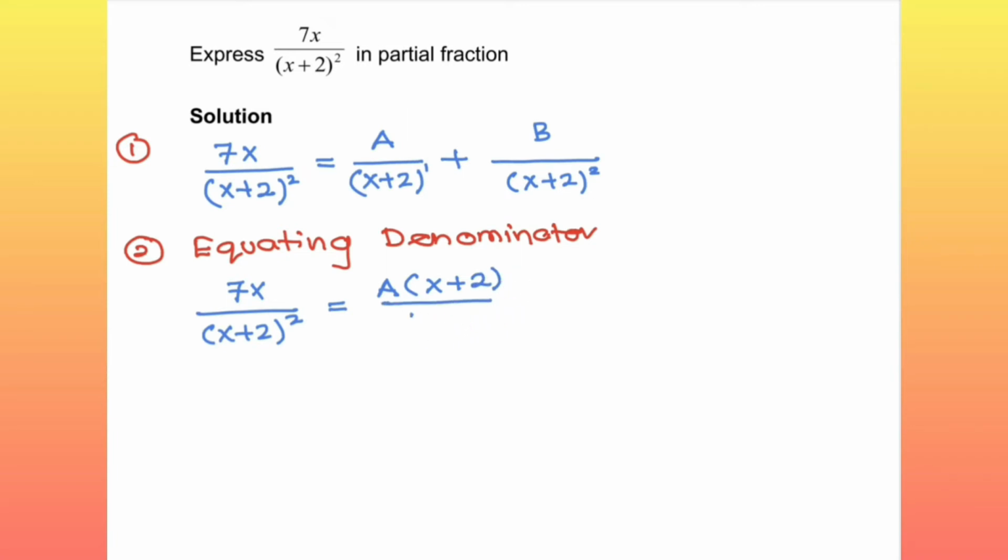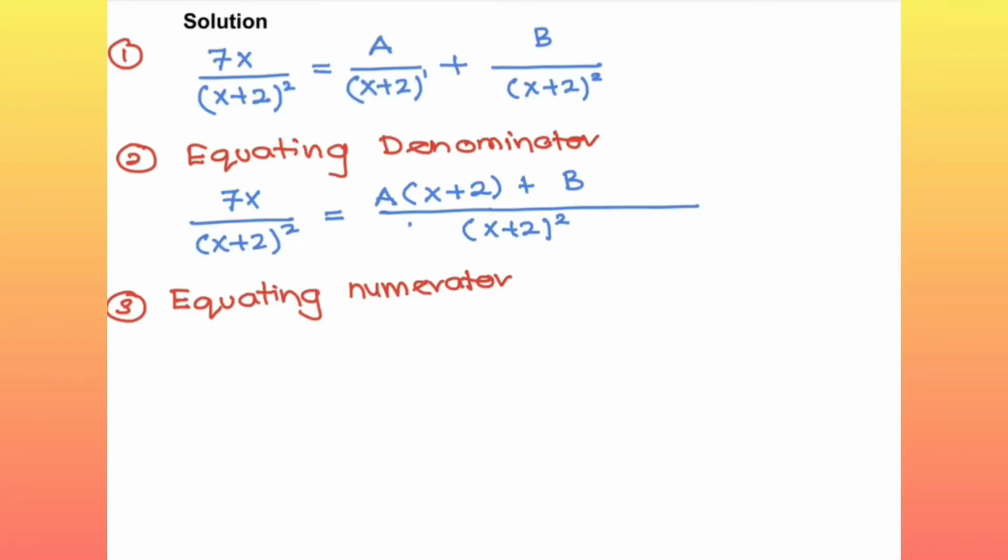And B already has the same denominator as the left hand side, x plus 2 power 2, so B does not need to multiply with anything, just B over x plus 2 power 2. Next procedure is equating the numerator.